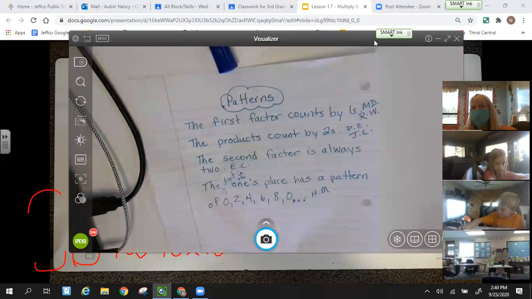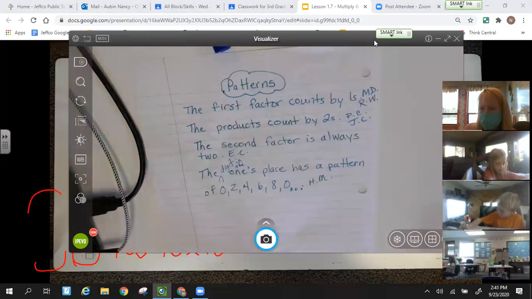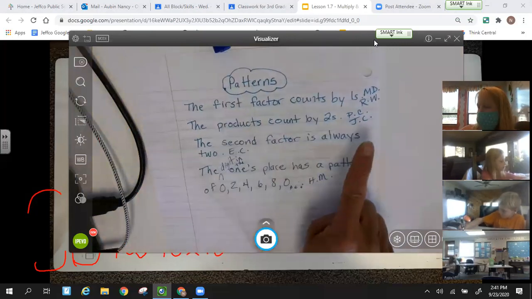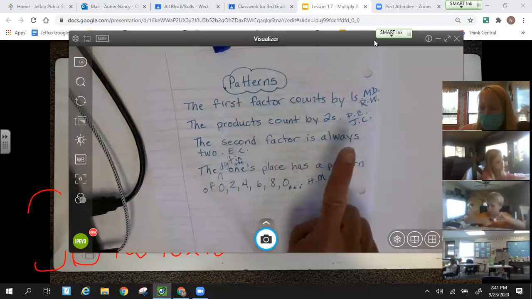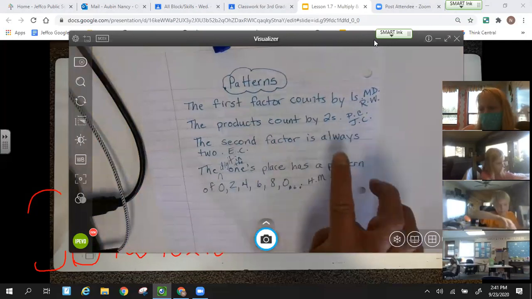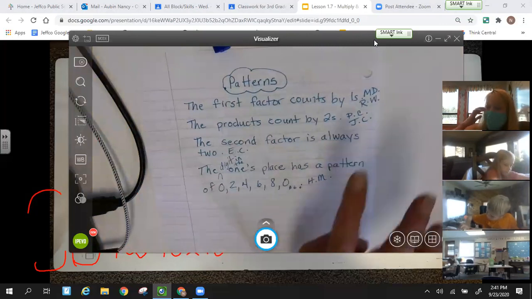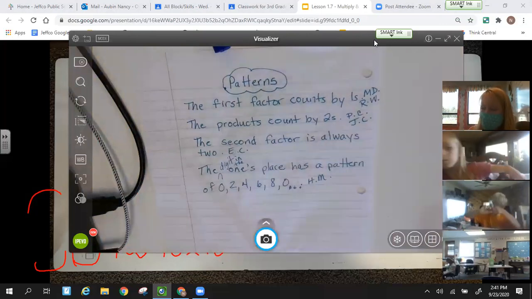Okay, so last time we did our twos, this is what we noticed. When we did our twos, we said the first factor counts by ones. That was Madison and Robert. We noticed that the products counted by twos. That was Paxton and Jensen. We noticed the second factor is always 2.